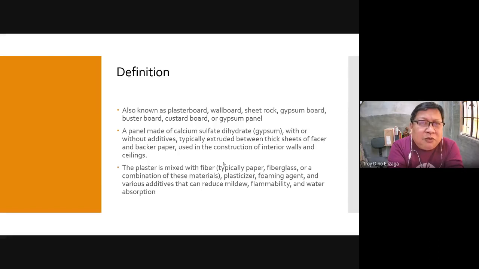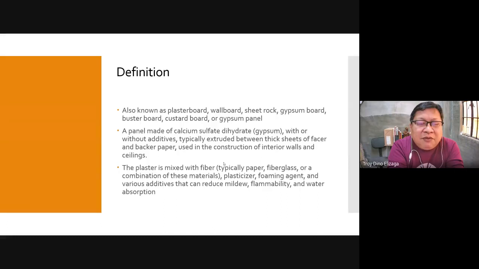Gypsum board, you buy it like plywood, except that the standard dimensions and the thickness are not the same as plywood. It even has a paper at the back, that's why you'll know it's gypsum board.